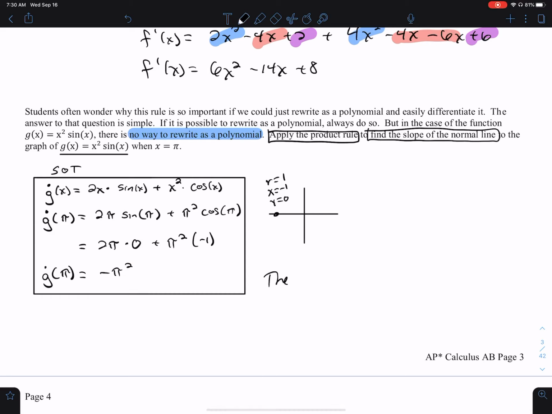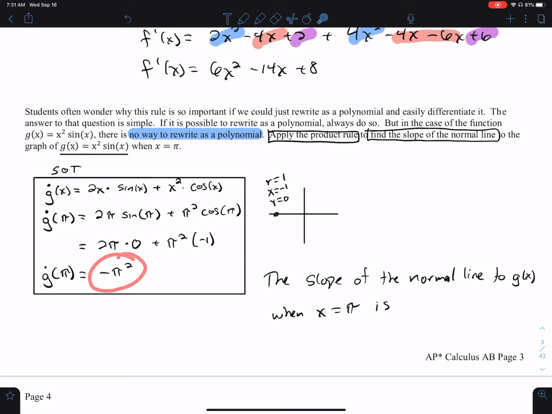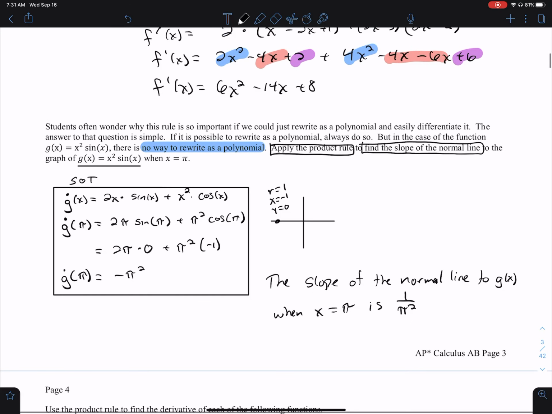So we're going to write the slope of the normal line to g of x when x equals pi is, if we change the sign, it's going to be positive, and we reciprocate it, it's 1 over pi squared. Slope of the normal line to g of x when x is pi is 1 over pi squared.